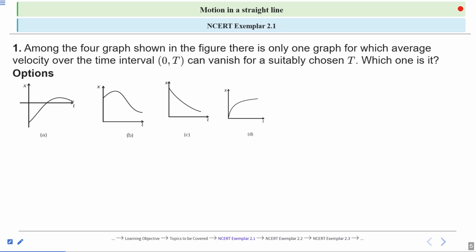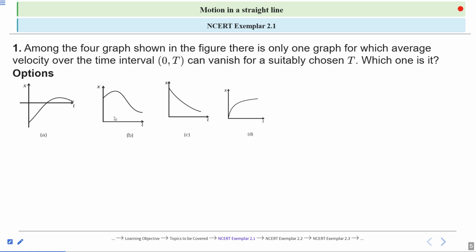Question: among the four graphs shown in the figure, there is only one graph for which the average velocity over the time interval 0 to T can vanish for a suitably chosen T. Which one is it?